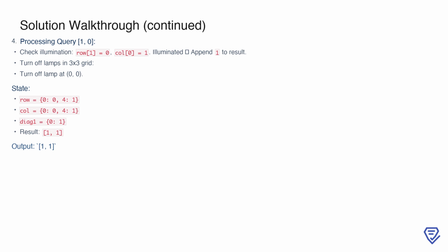This time, we find and turn off the lamp at position [0, 0]. Turning off this lamp means we need to decrement its contributions to the row, column, and diagonals. After this update, row 0 and column 0 are no longer illuminated, and the diagonal values are adjusted accordingly. The result list now contains [1, 1], which represents the illumination status for both queries.